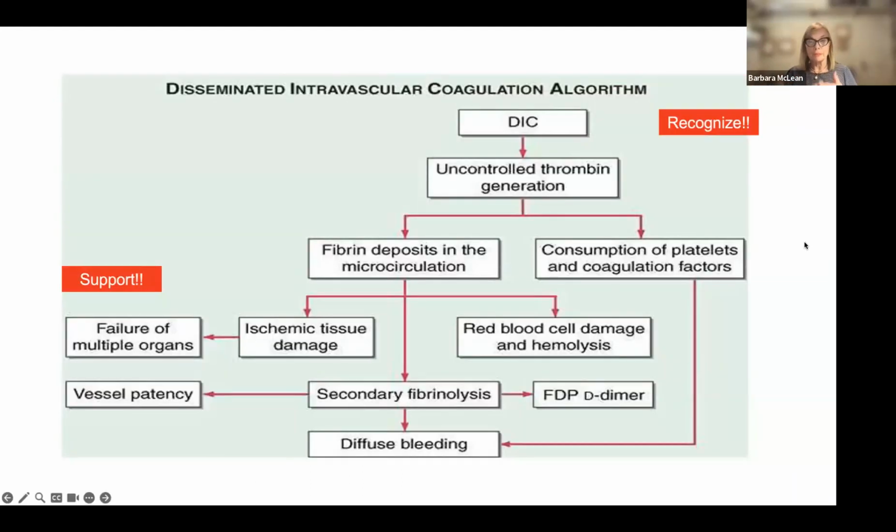Next to that, of course, we're going to remind ourselves that once we have this fibrin deposition and platelet aggregation in the microcirculation, you're going to have ischemia and you're going to start to see failure of multiple organs. So here's the thing. It's really important not to try to separate this in sepsis.